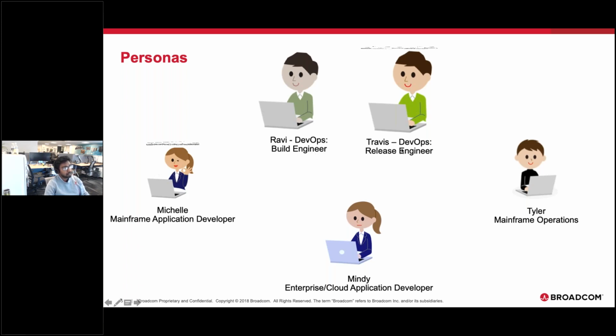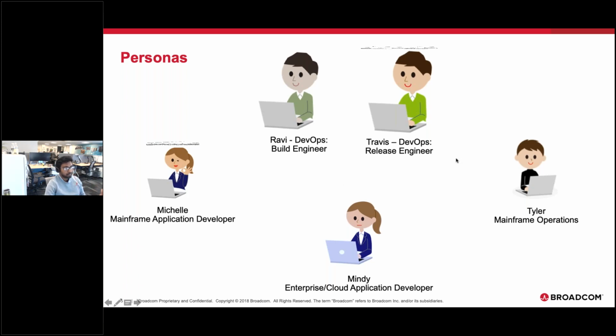And then moving off here, Travis is also a DevOps person, but he's more on the release engineering side, where he's taking care of making sure that the deployments in the different stages along the way are happening with the proper approvals in play. And he's not necessarily tied closely to the development team.